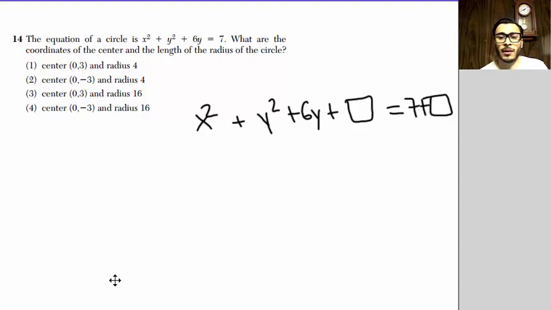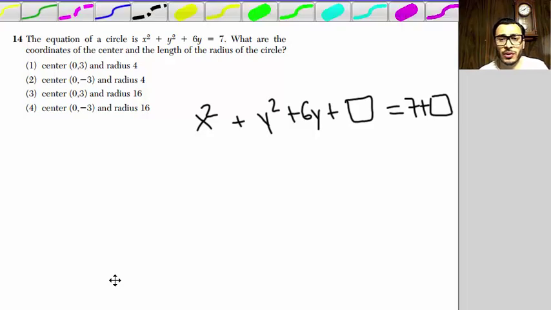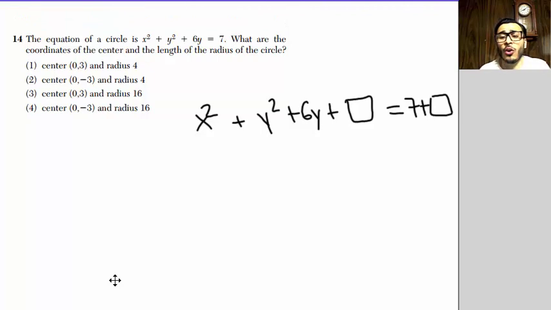And let's add a box here as well, right? If I add a box to the left side of the equation, I have to add a box to the right side. If I added 2 boxes on the left side, I have to add 2 boxes on the right side. If this is the first time you're seeing me do this, you should check out the other video on completing the square with circle equations. It's on my website, mrestrada.com.